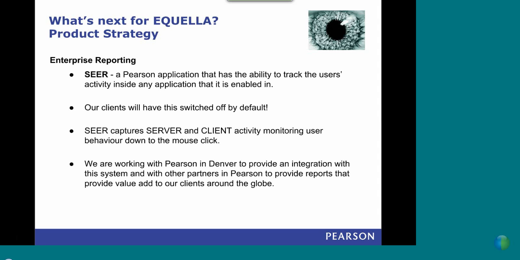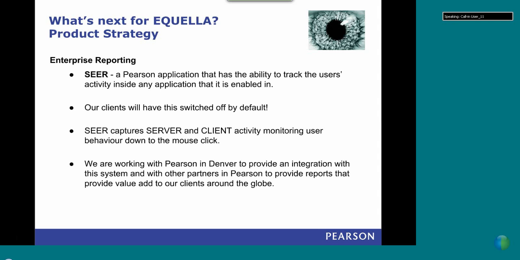So SEER is actually a Pearson application that we're putting into EQUELLA. It should be going in 6.3, but all of these 6.3 items, since development hasn't started, this might be 6.3, it might be 6.4. We have a huge backlog of items that we're trying to get in the upcoming releases, so no promise of which one quite yet.